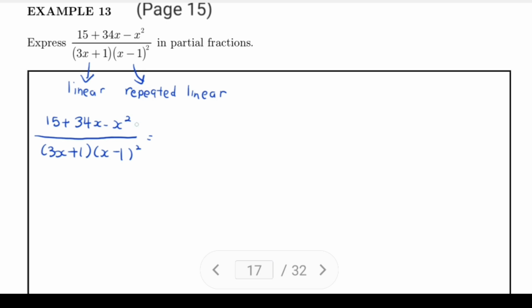So when we express the fraction in general partial fractions, for the linear factor, we're going to have a constant a in the numerator. And for the repeated linear factor, we're going to have plus b over the linear factor plus a constant c over the linear factor which is repeated twice.